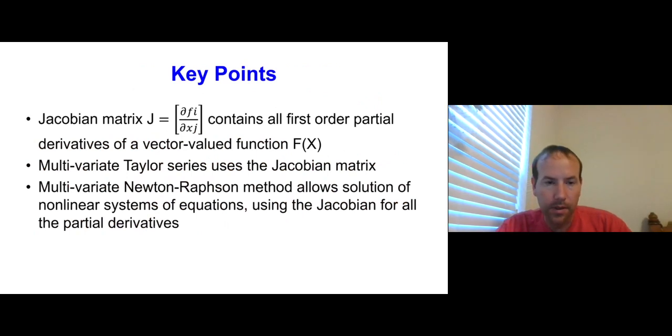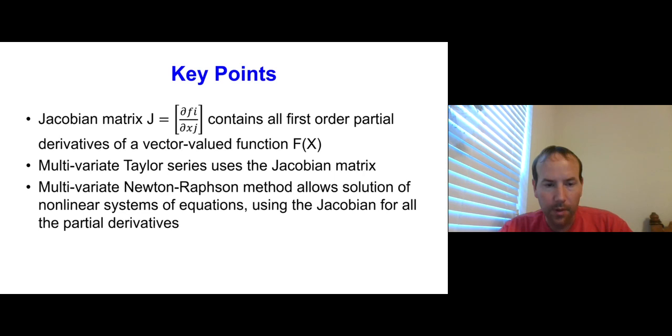To sum up what we've been going through today, the Jacobian matrix is a way of capturing the first order partial derivatives of a vector valued function, and so it's a way of expanding into multiple dimensions. We saw a multivariate Taylor series that has a form a lot like the single variate Taylor series, but uses the Jacobian matrix. That's one of the reasons why Jacobian matrices are important to know about.